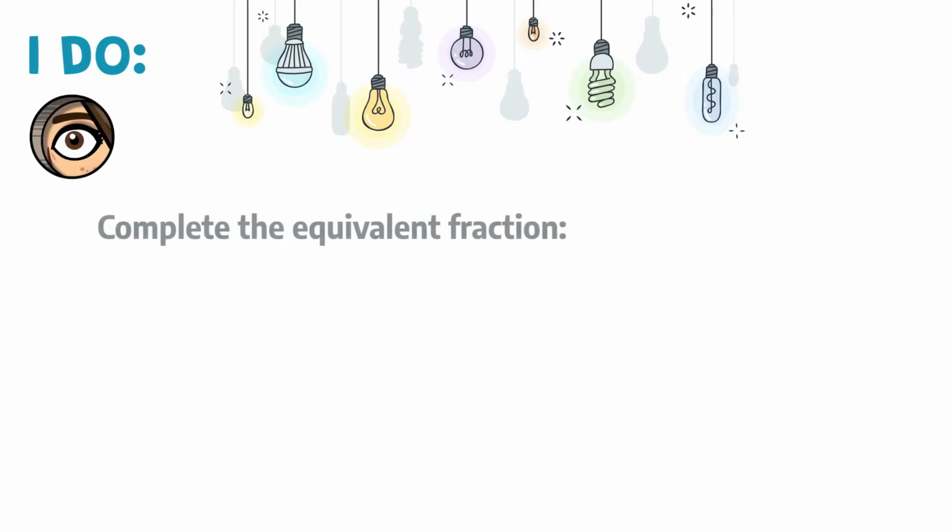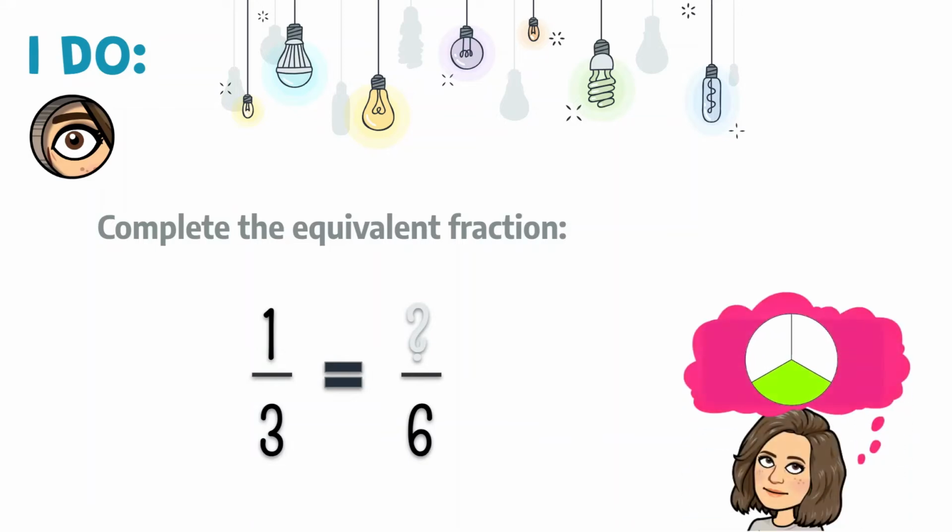Let's do that again without any pictures this time. I will show you this example, so you watch closely. Complete the equivalent fraction: 1/3 equals how many sixths? You can visualize the shape cut into 3 pieces total with 1 colored in.